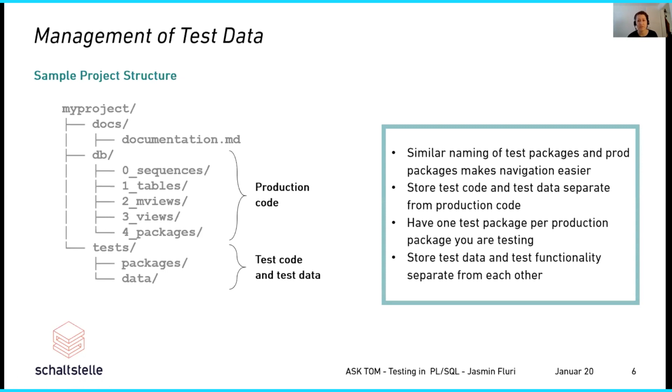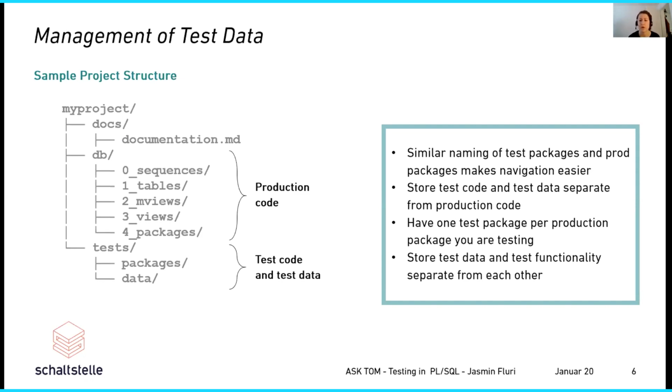It is clever to have some similar naming of test packages and the production packages to make the navigation easier. If I want to find out in what package my production package is tested, I want to have the test package to have a similar name so I can find it easier. I store the test code and test data separate from the production code.